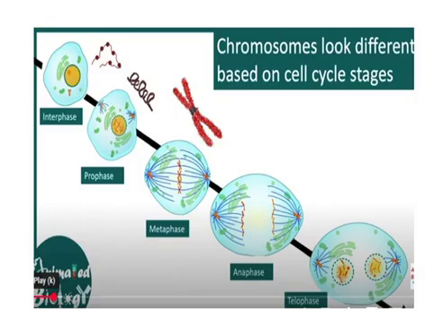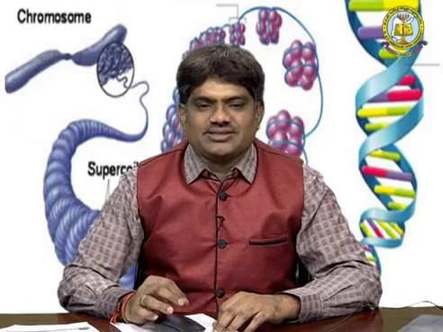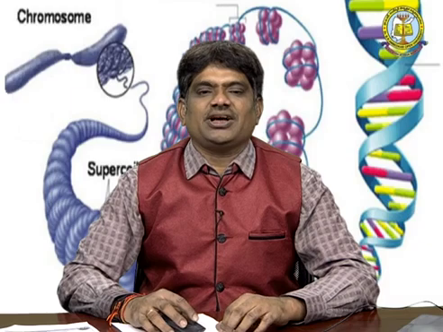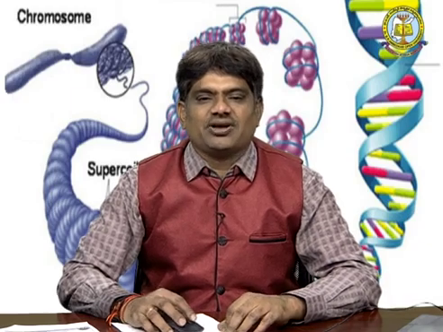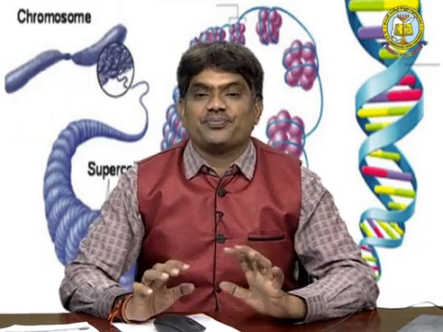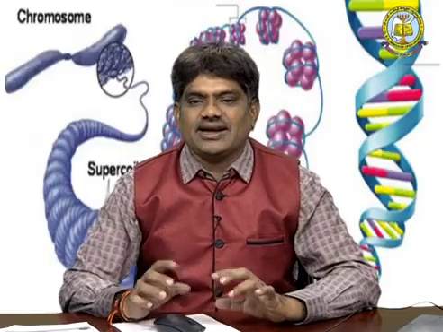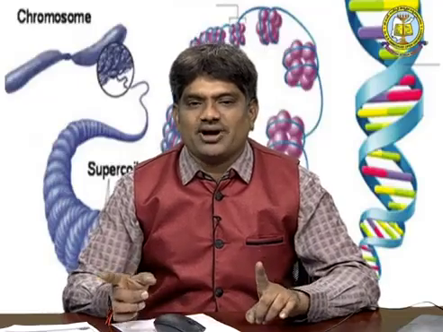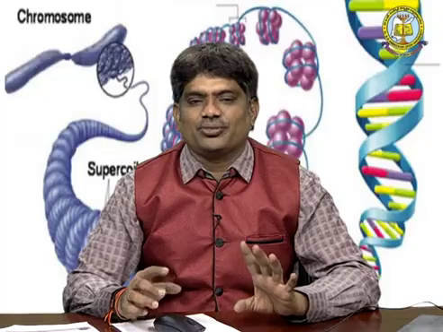Each of the two thick fibers is called a chromatid. The two chromatid fibers are condensed and joined at a specific structure that we call the centromere. It is at the center and combines the two chromatid fibers, that is why it is called the centromere.